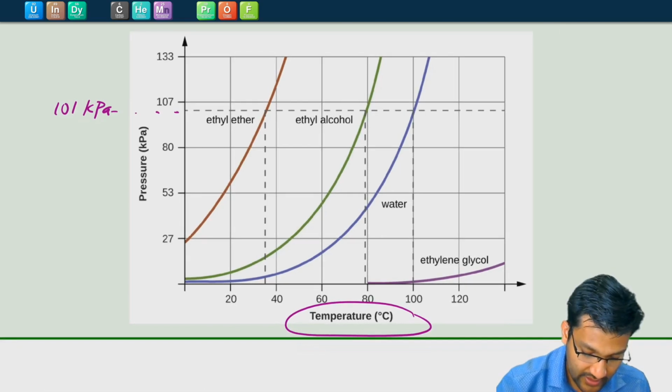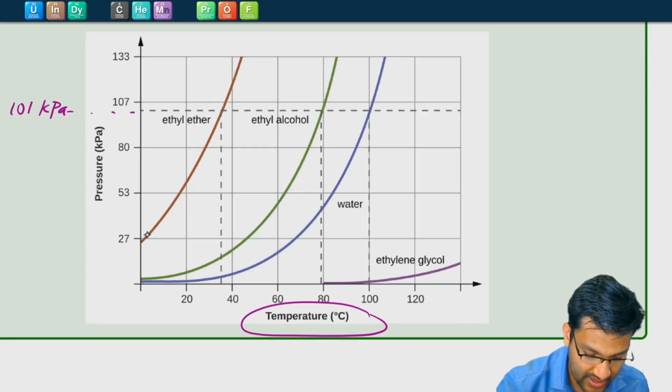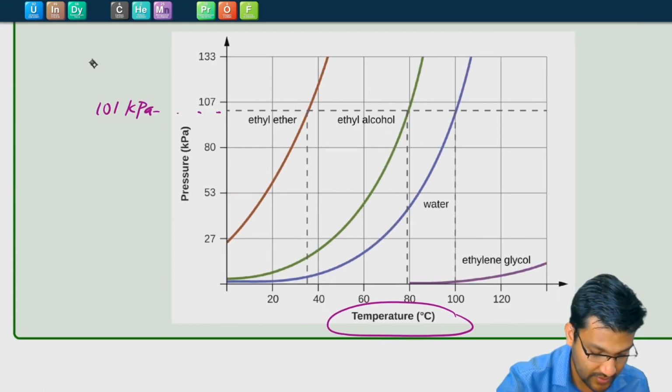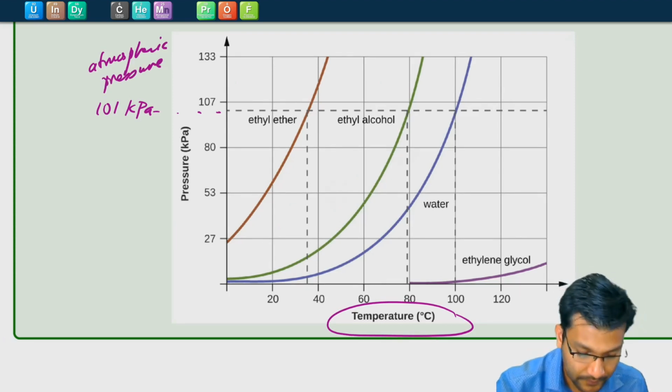So here it shows that for ethyl ether, as you increase the temperature, the vapor pressure increases until at some point the pressure is equal to atmospheric pressure. So let's put atmospheric pressure, and that's atmospheric pressure at sea level.